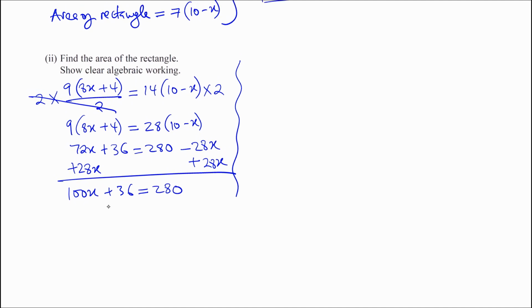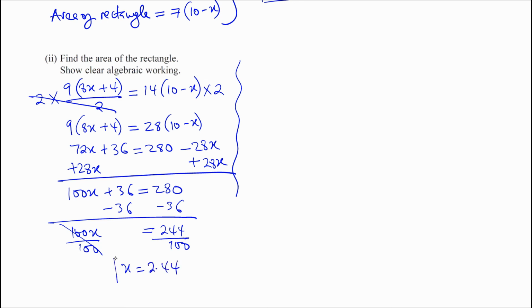Subtract 36 on both sides. So you'll end up with 100x will be equal to 244, then divide by 100. So x will be equal to 2.44. So x is 2.44.